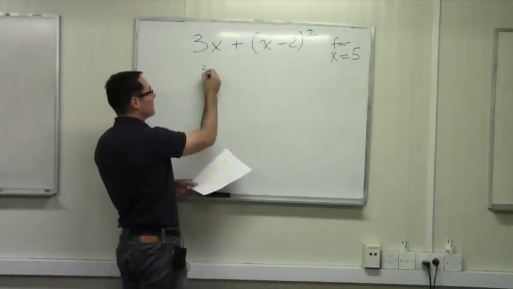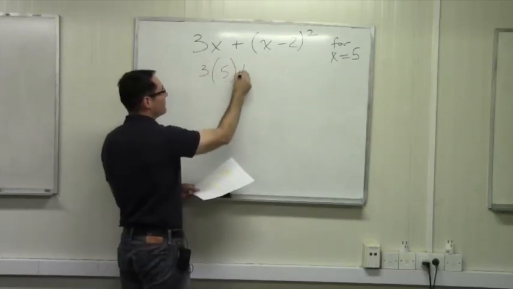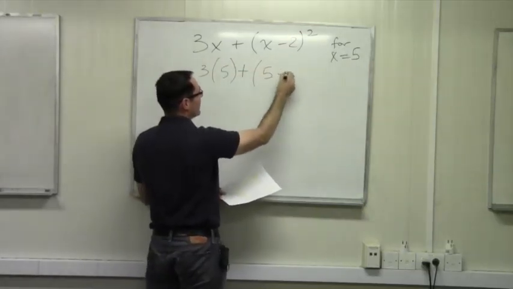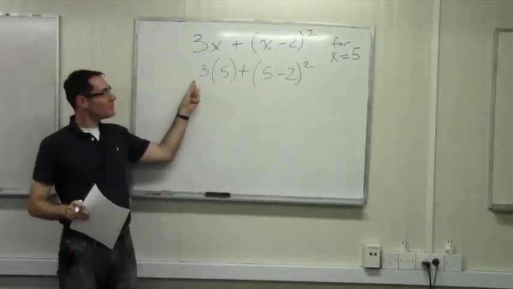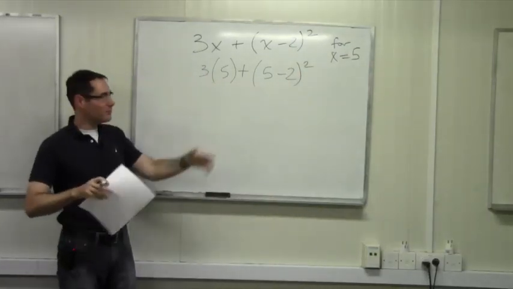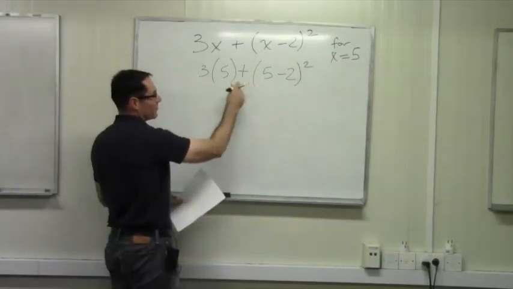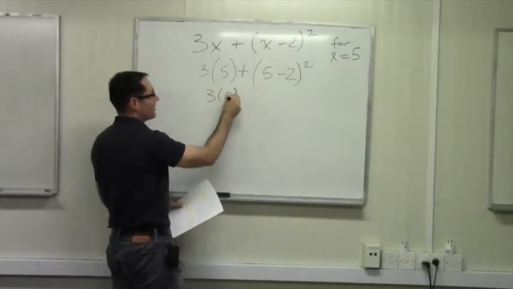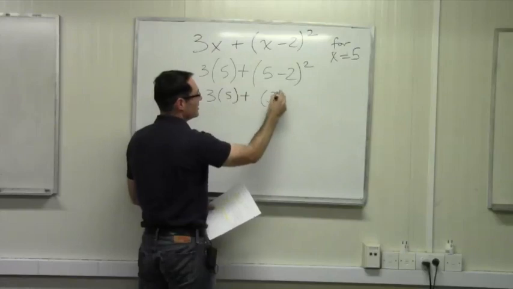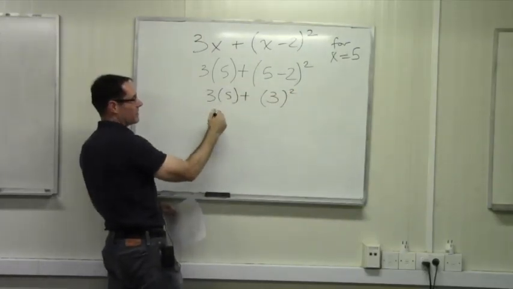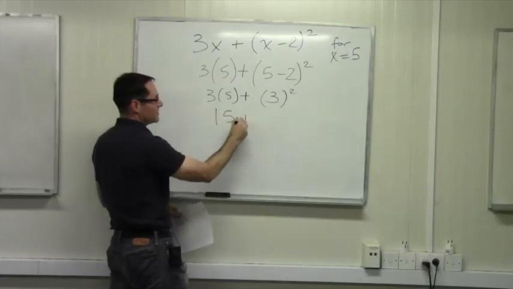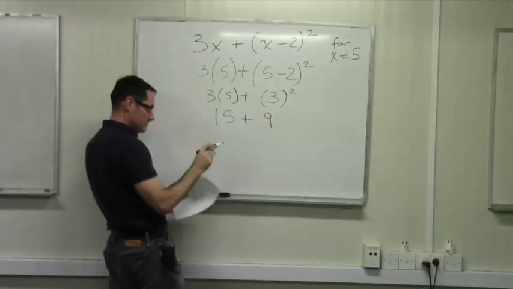So we're going to plug in 3 times 5 plus (5 minus 2) squared. Once we do that, it's exactly like the stuff we've been doing before. First, we do the stuff in parentheses: 3 times 5 plus 3 squared. Then we do the exponents, and I'll also do the multiplication because I can right now: 15 plus 9.